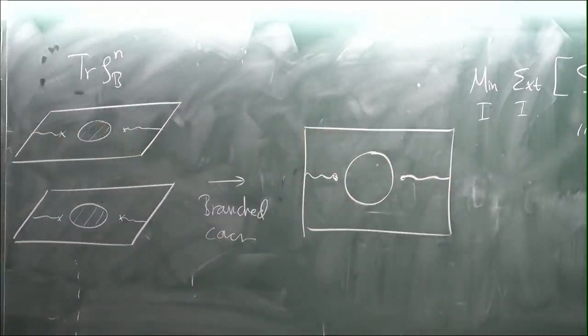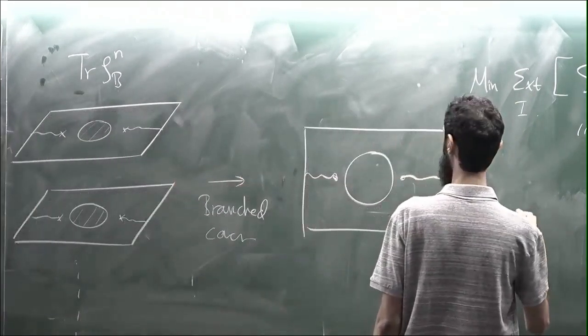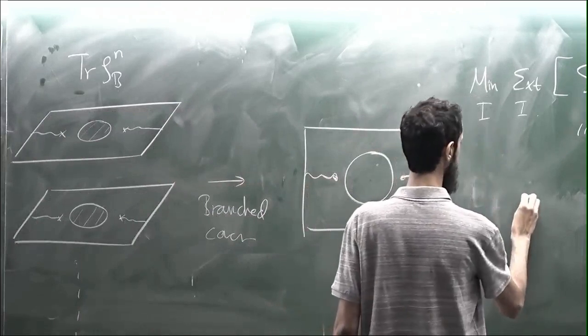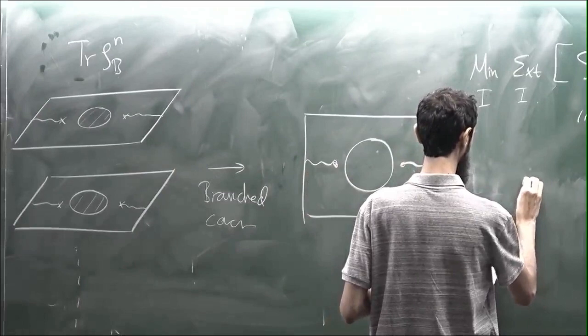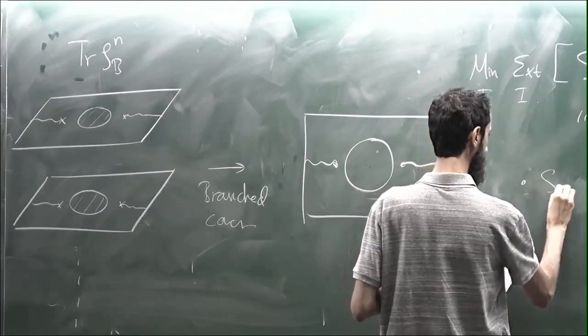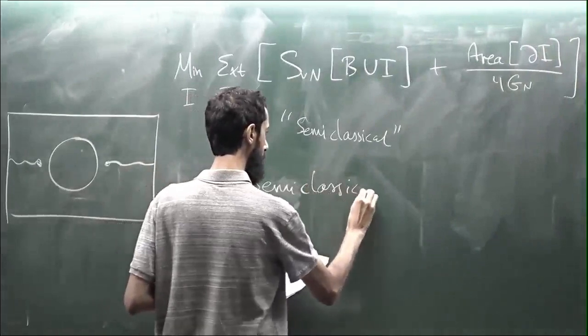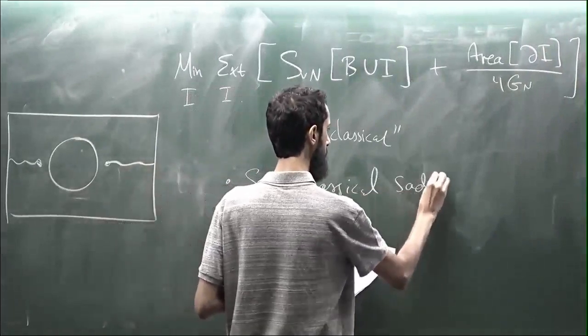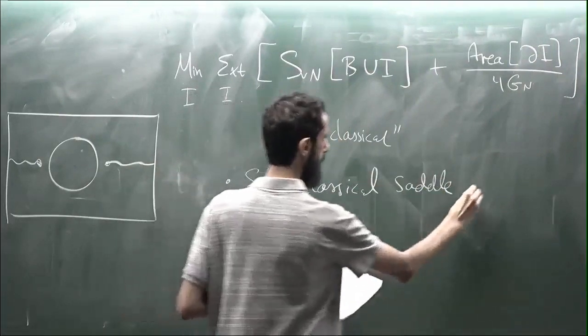That's one possible configuration, and I claim that this gives the usual semi-classical answer. I'm going to call this the semi-classical saddle, which gives the semi-classical answer, the Hawking answer.